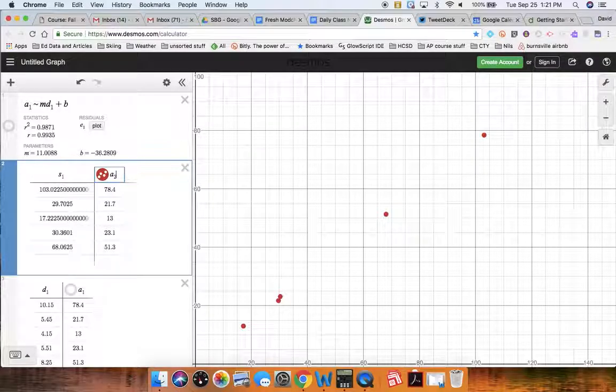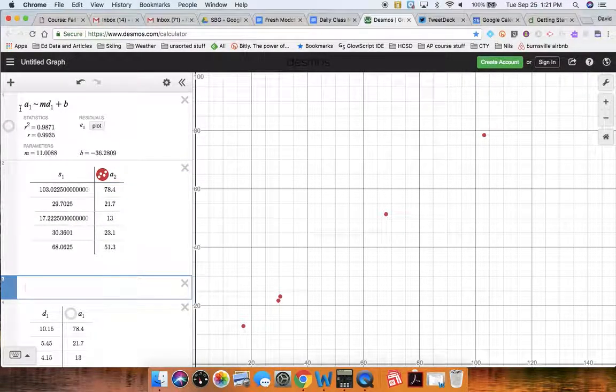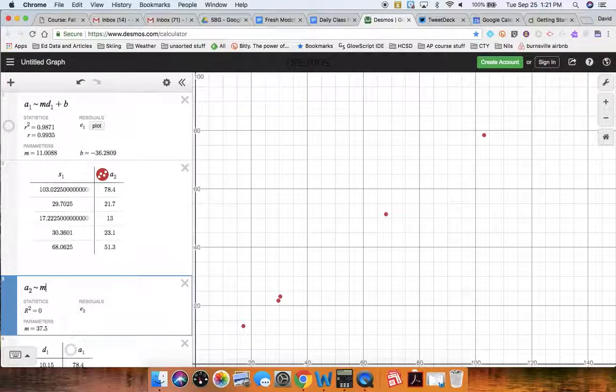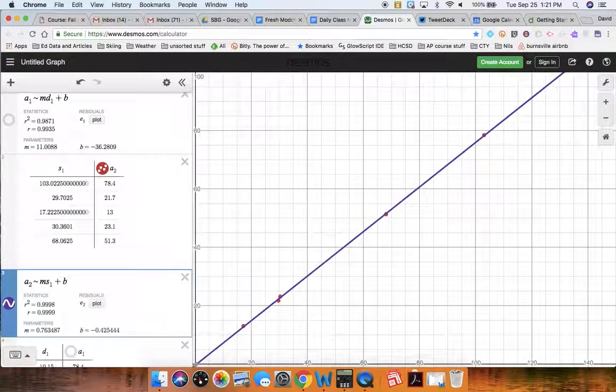Now that I have a table with my data in it, I can do regression analysis on that table. So I click on Add Item, Expression, and now I want to find out how area corresponds to the square of the diameters. So A1, A2, and then the tilde, M, S1, and remember that's the diameters squared, plus B. And what we can see is visually the line goes through a lot of the points.